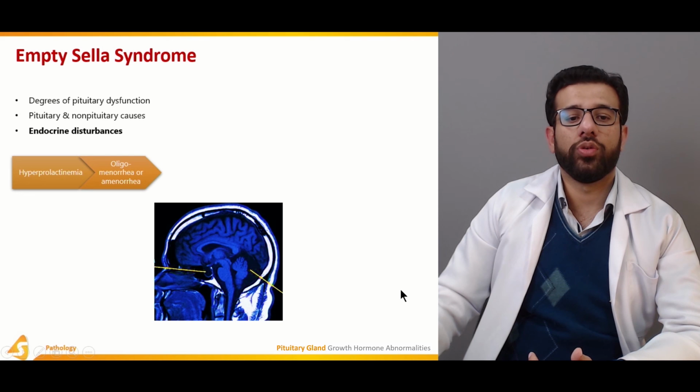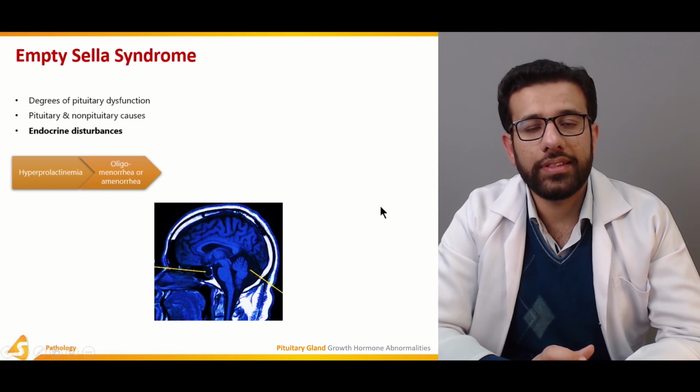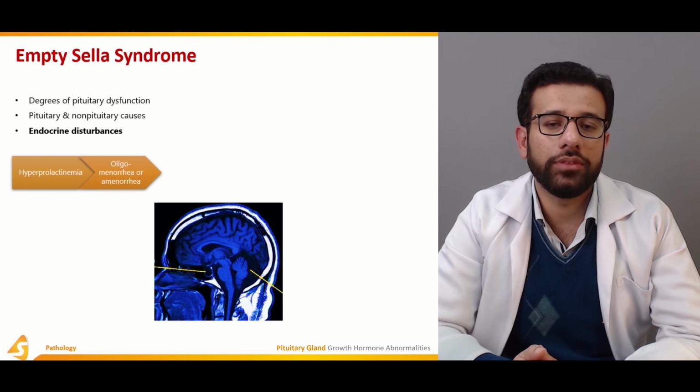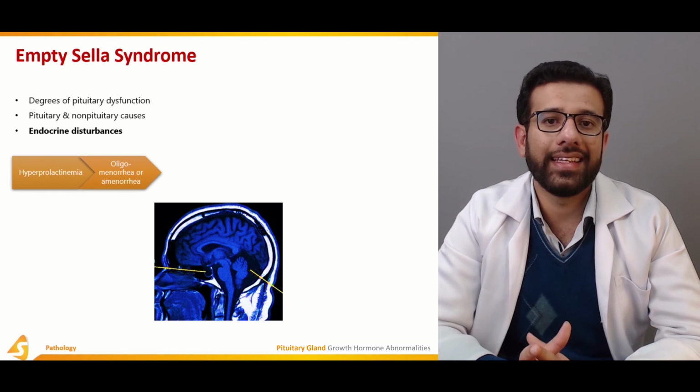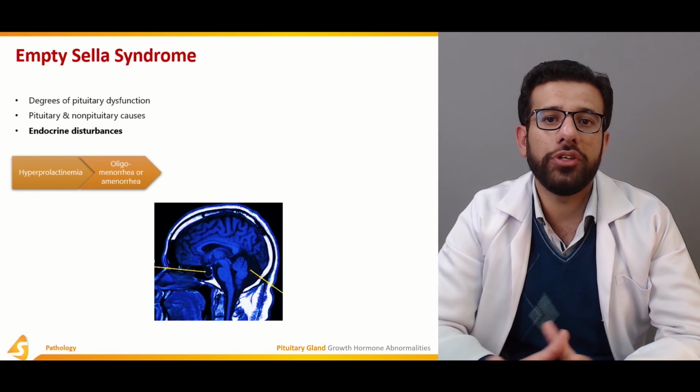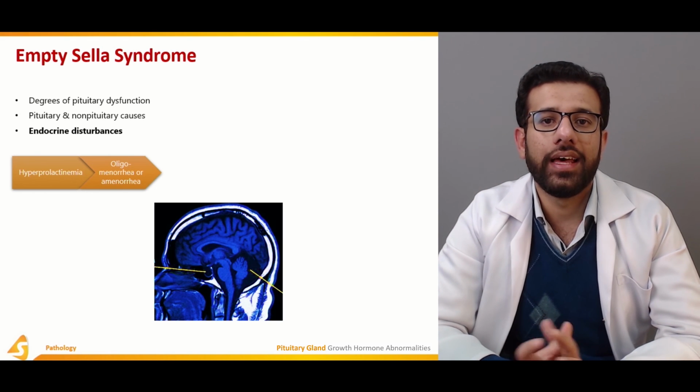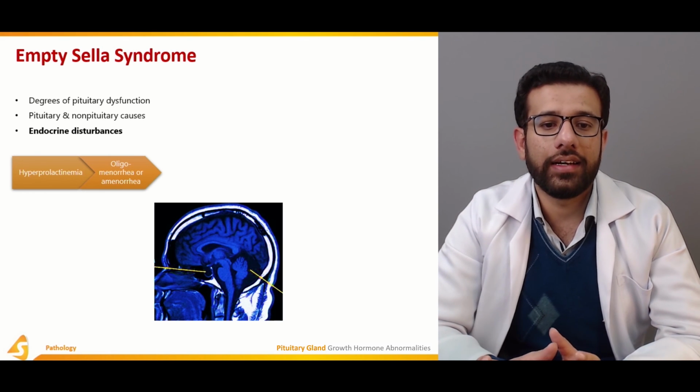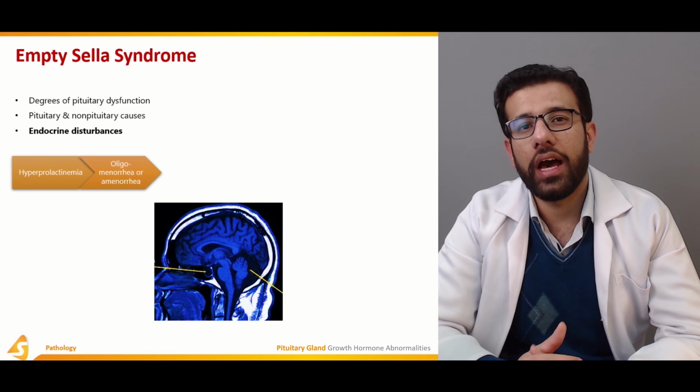Empty Sella syndrome. In the empty Sella syndrome, the Sella turcica is basically widened, and the thin flattened pituitary gland is placed in the Sella turcica, and there is hypopituitarism, or the pituitary gland is not functioning properly.